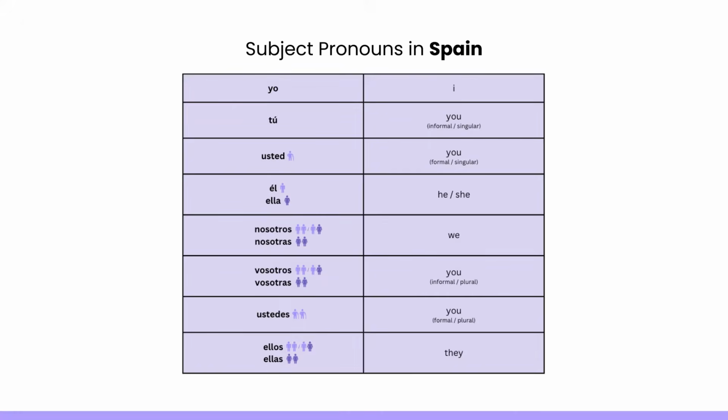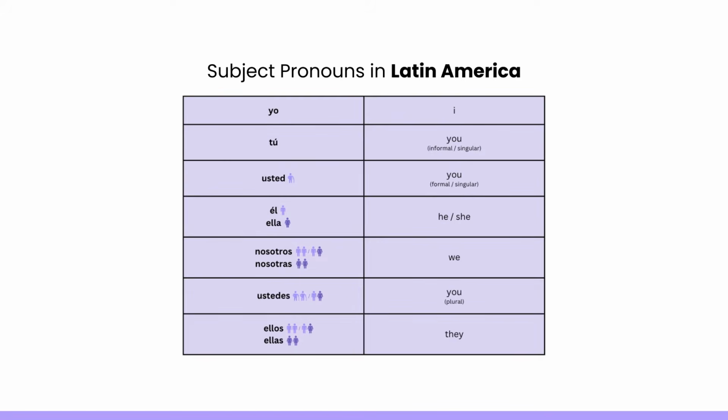And subject pronouns are something that we already went over in one of the previous lessons. I think it must have been about 10 lessons ago. And we saw that there's two different types of subject pronouns: the ones used in Spain and the ones used in Latin America. And so we learned that a subject pronoun is pretty much a word that describes a person.